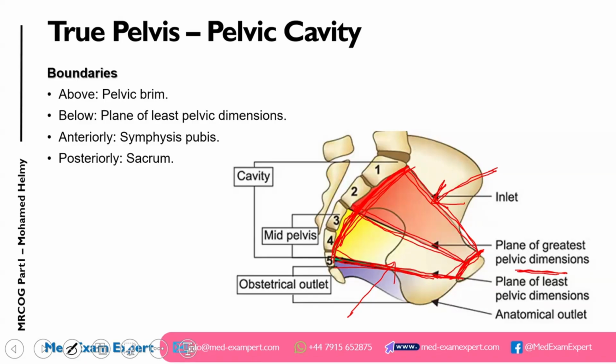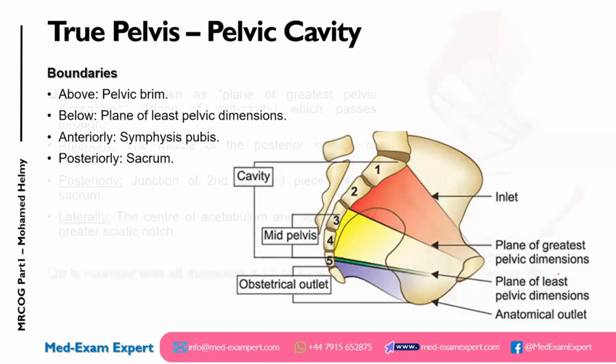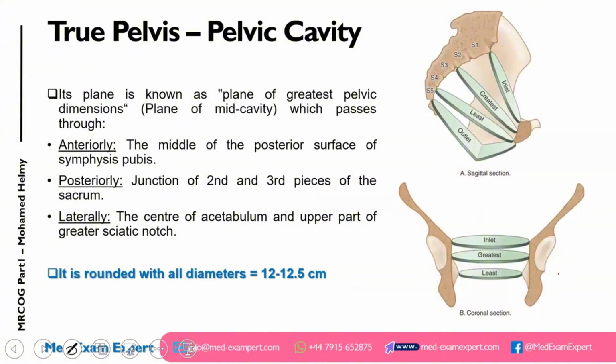This is the largest, or the most capacious, part of the pelvis, which is surrounded anteriorly by the middle of the posterior surface of the symphysis pubis, posteriorly by the junction of the second and third sacral pieces, and laterally, on both sides, by the center of the acetabulum.